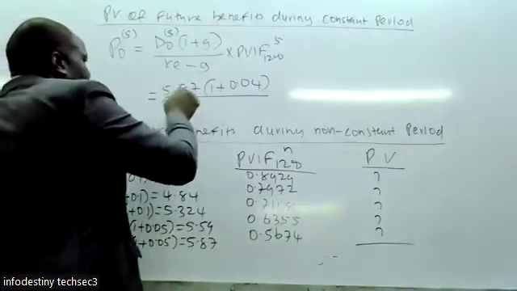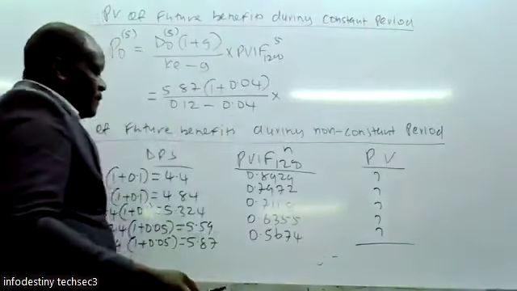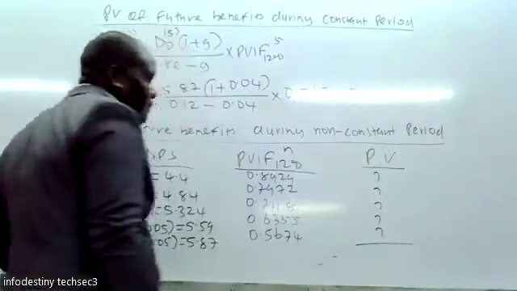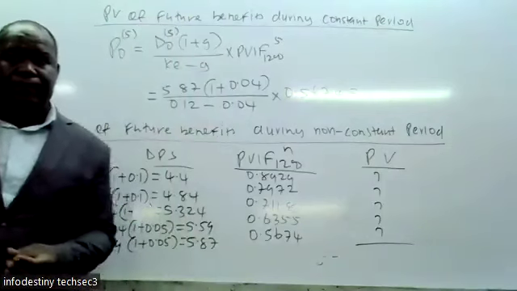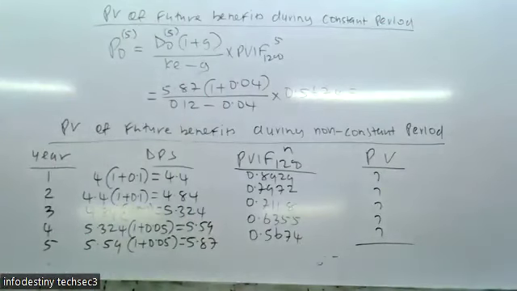Also Ke is 12%. So you will add them together to get the value of the share.